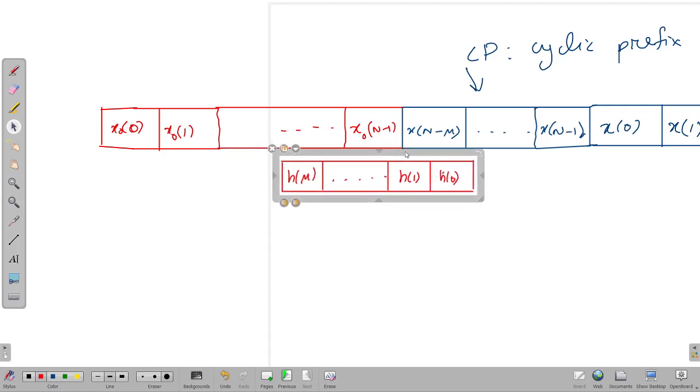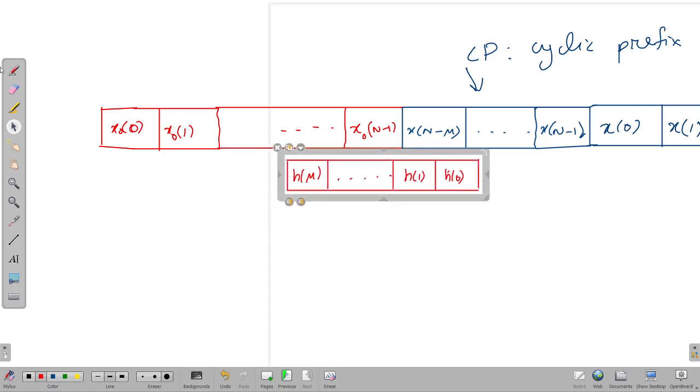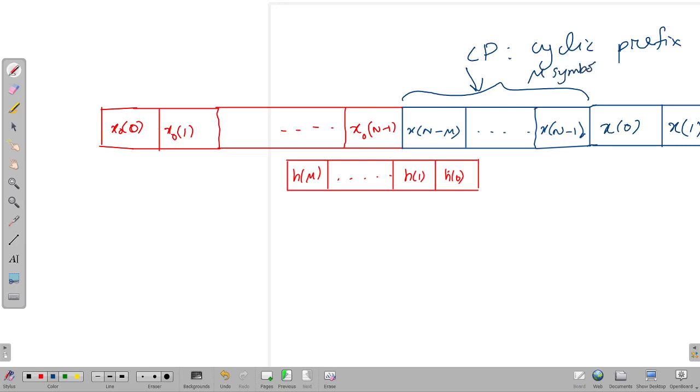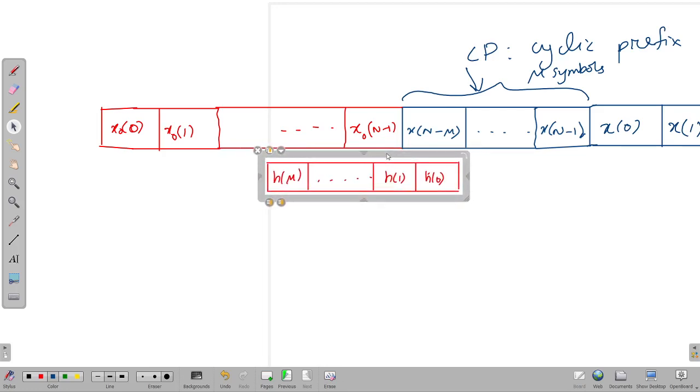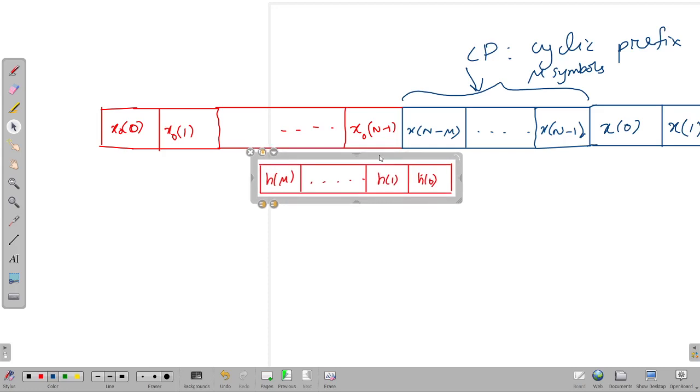Okay, and you know there are mu number of samples here. There are mu symbols for cyclic prefix, and as such, when I move this impulse response block to each point, you can compute the corresponding convolution.